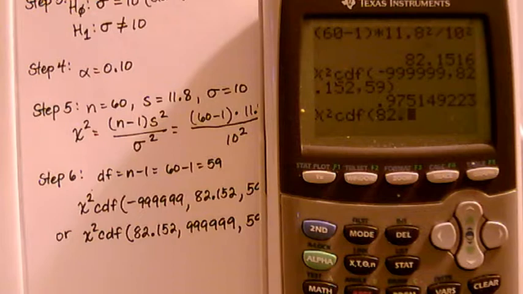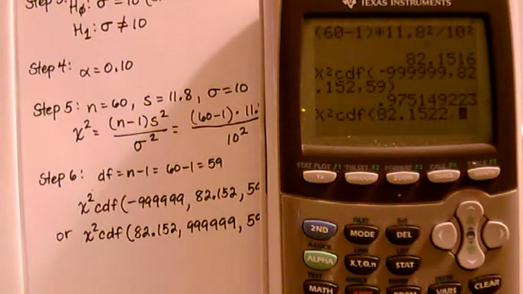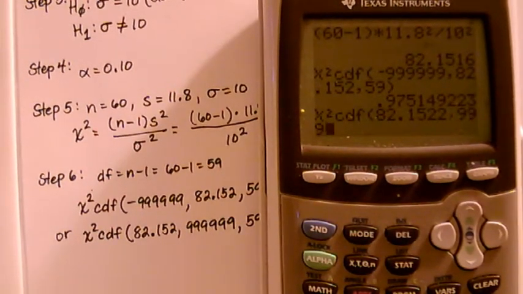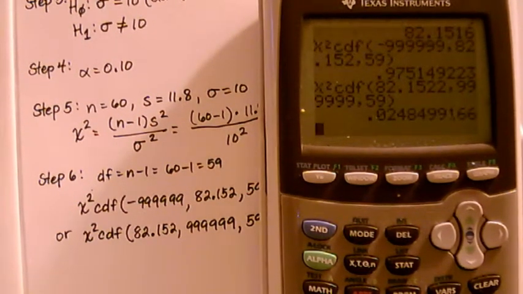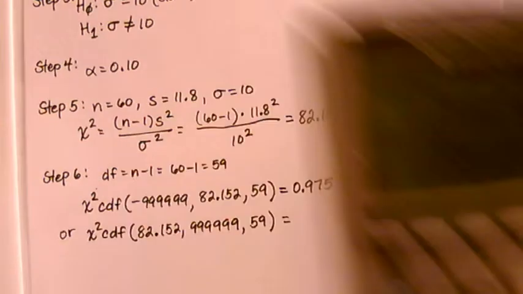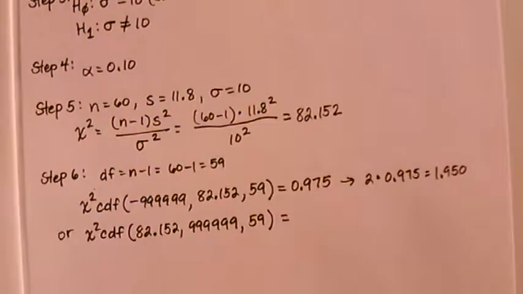This time 82.152 goes in first, then your upper bound is 999,999, and then 59 degrees of freedom. In this case, this will be 0.025 if we round that to 3 decimal places.